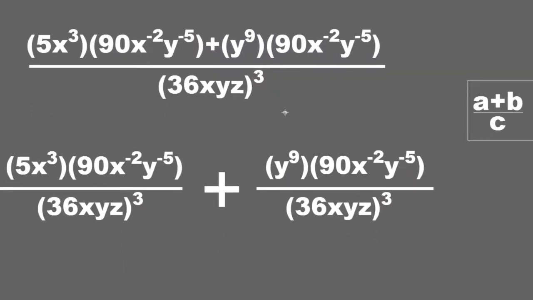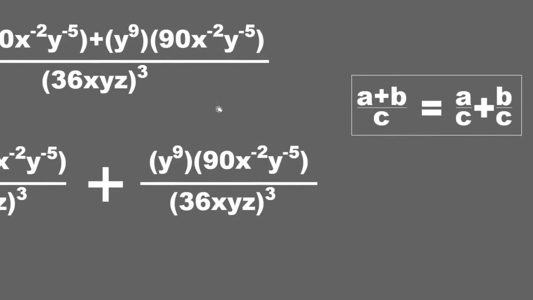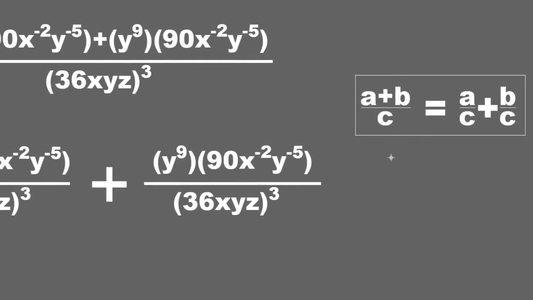The second thing that I'm going to do is remember the property about fractions with similar denominators. If I have two expressions being added, say a plus b, all of that divided by c, I can rewrite it as a divided by c plus b divided by c.